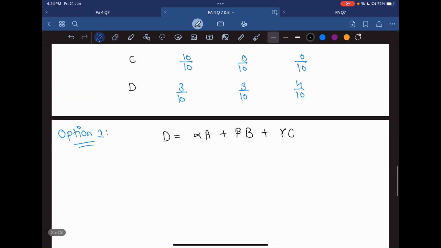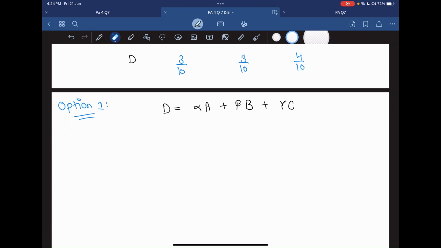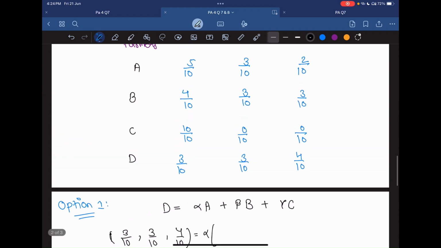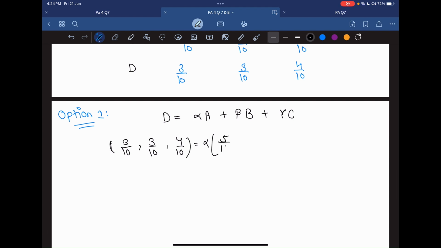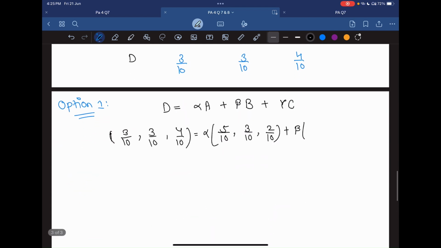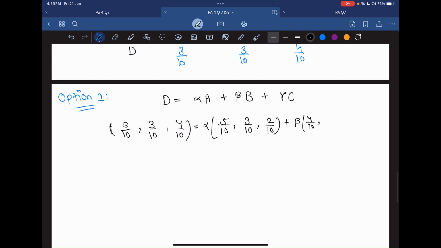One way to check that is, our D vector is (3/10, 3/10, 4/10) equal to some alpha times (5/10, 3/10, 2/10) plus beta times (4/10, 3/10, 3/10) plus gamma times (10/10, 0, 0).